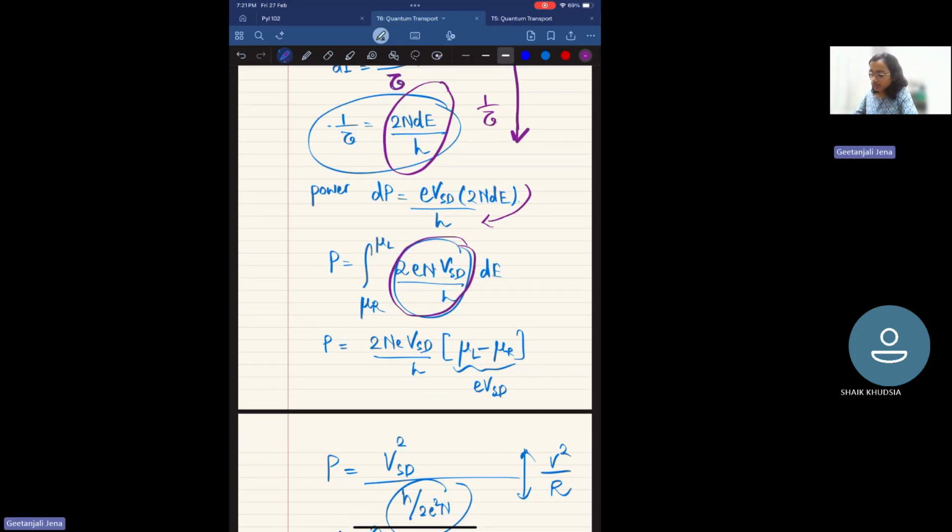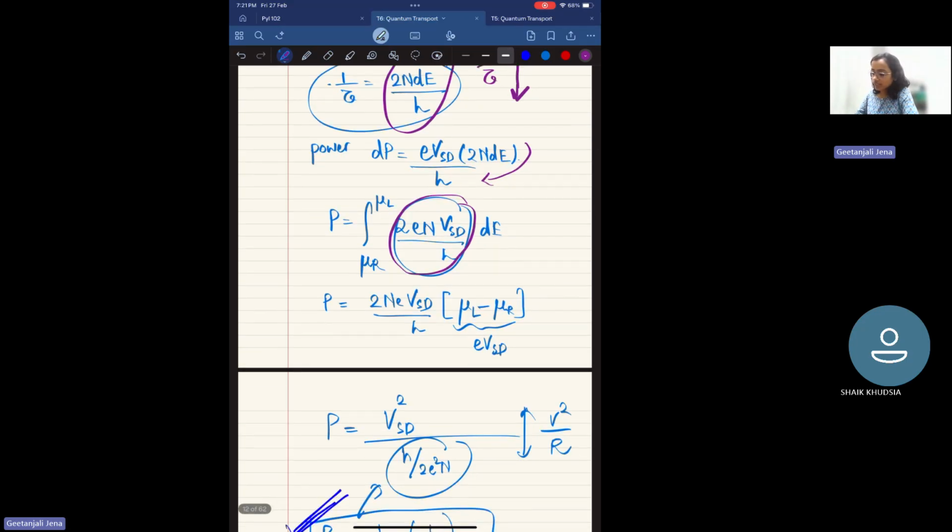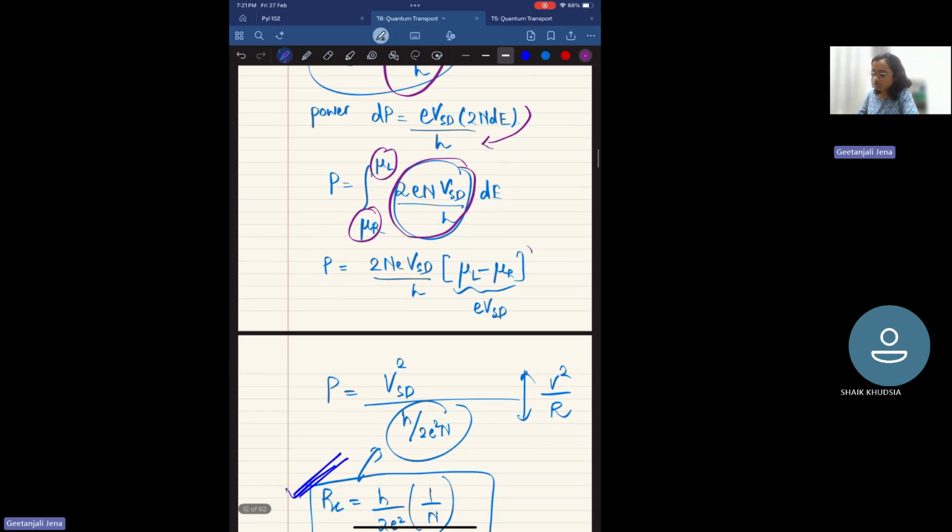This is 2en V_ST by h. These are constants, so the integration of dE gives E, varying from mu_L to mu_R. So the integration comes out as mu_L minus mu_R, which is e times V_ST.